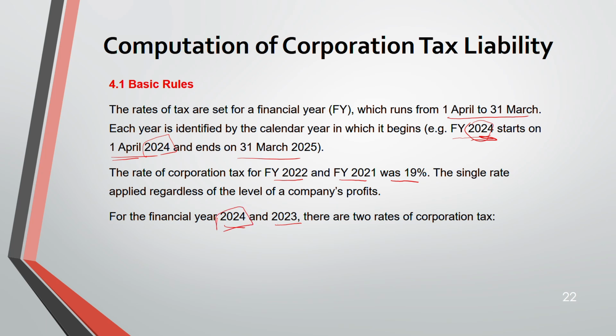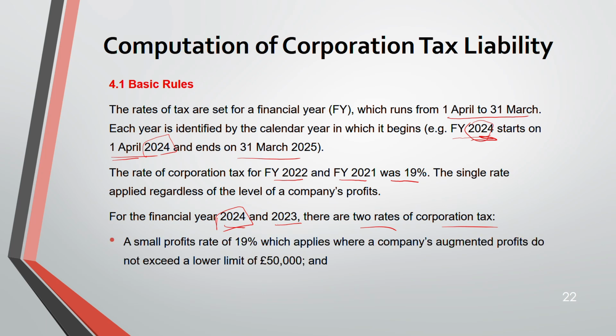There are now two rates of corporation tax. What are they? A small profit rate, which is 19%. This applies when the company's augmented profit does not exceed the lower limit, that is 50,000. It has to be below 50,000. What is this augmented profit? I will explain you shortly. Just for now, keep it.